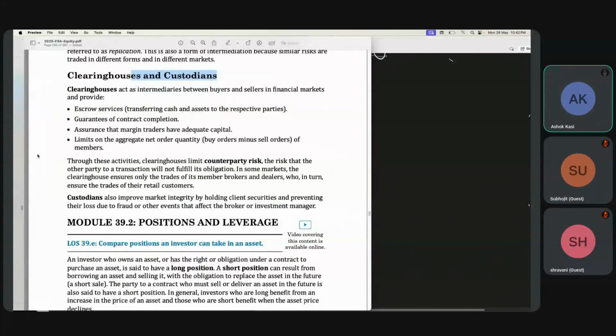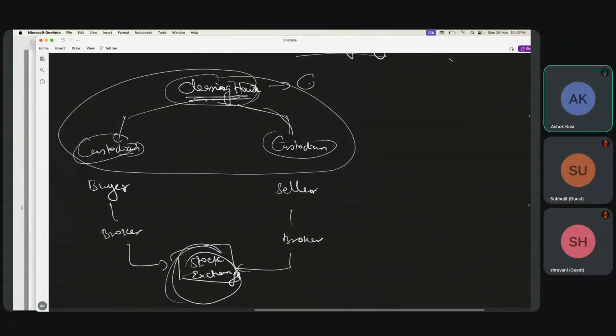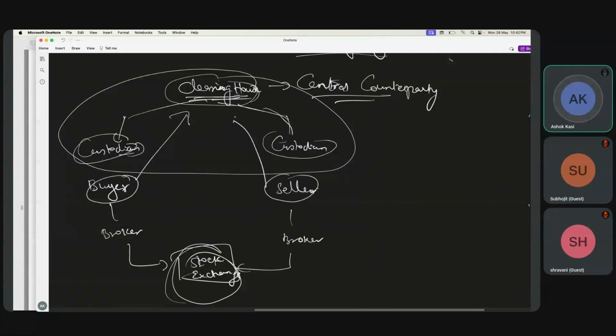Okay, so clearing houses act as the central counterparty. What do you mean by central counterparty? That means for the buyer, they are the seller. For the seller, they are the buyer.